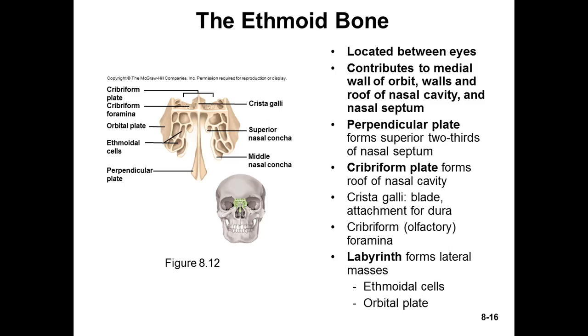The olfactory foramina, of course, the olfactory nerve passes through there. A lot of these nerves are located in that table on page 237 of your textbook.